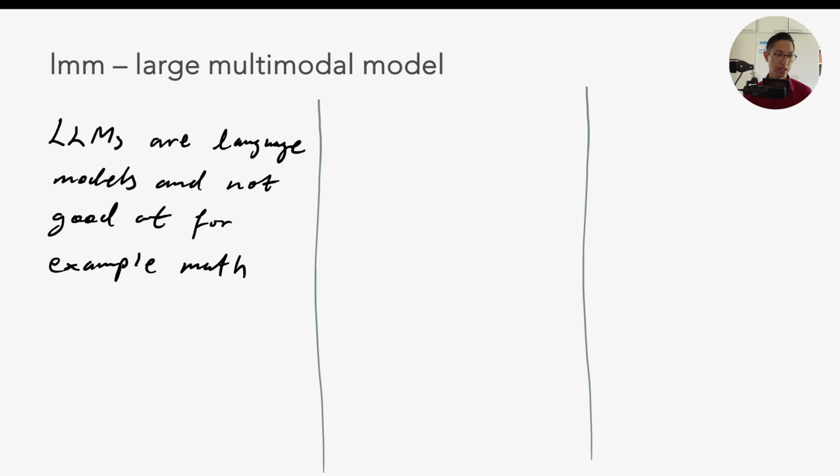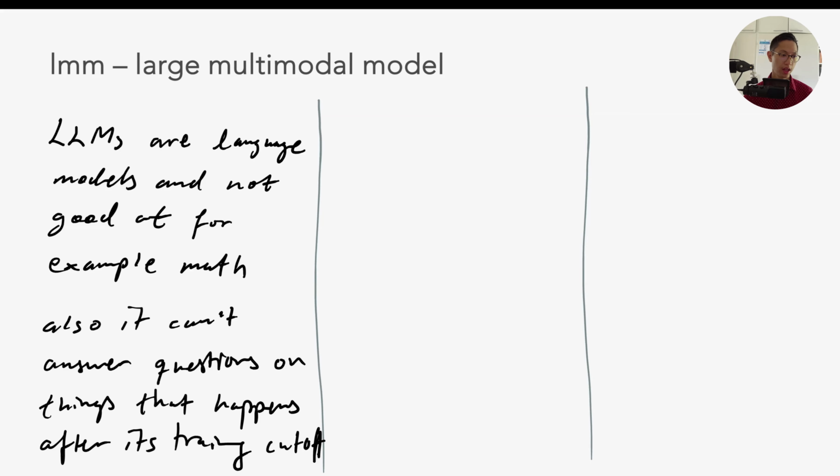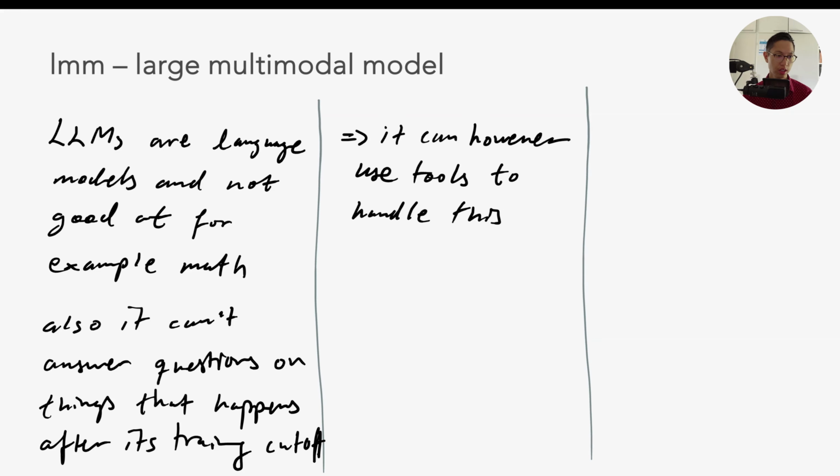Here LLMs are language models and not good at, for example, math. It cannot do computation very well because that's not its main purpose. Also, it can't answer questions on things that happen after its training cutoff. Then what you can do is that it can, however, use tools to handle this.